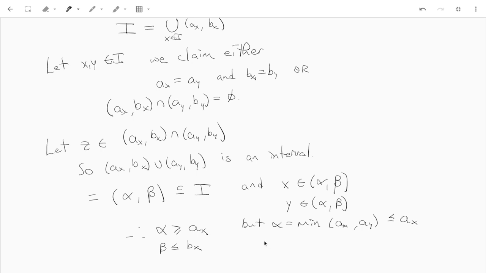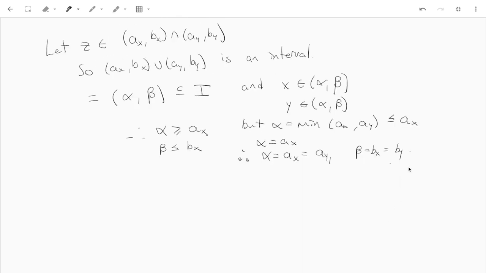So alpha equals ax. Similarly, beta equals bx. And for the exact same reasons, but with y instead of x, alpha equals ay and beta equals by. So in particular, alpha equals ax equals ay, and beta equals bx equals by. That tells us that any two distinct intervals are disjoint, and that means that we have written our open set as a union of disjoint intervals. Okay. The end.